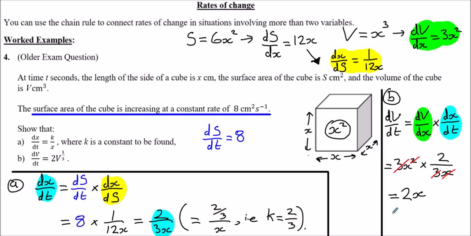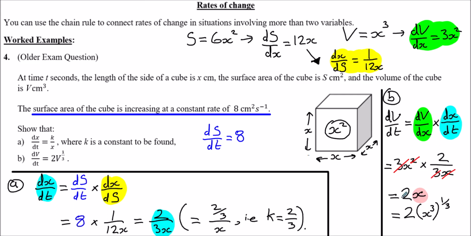Which I'm going to rewrite now as 2 times x cubed to the power 1/3, just to manipulate it, because I need to relate this to the volume and show that this is the volume to the power 1/3. So x is the same as x cubed to the power 1/3, but of course x cubed is the same as the volume.